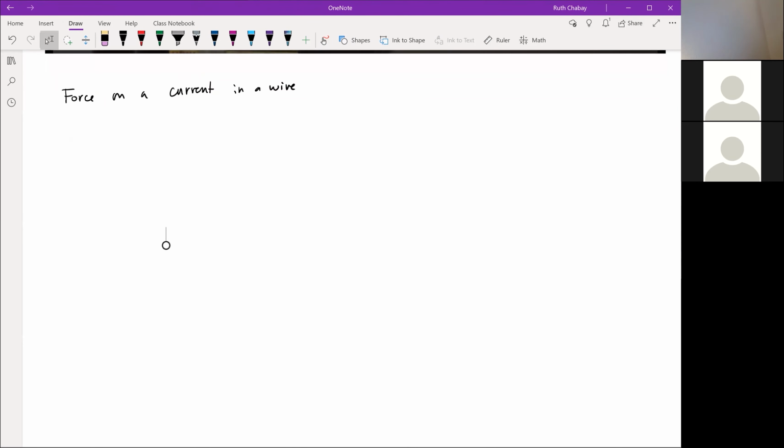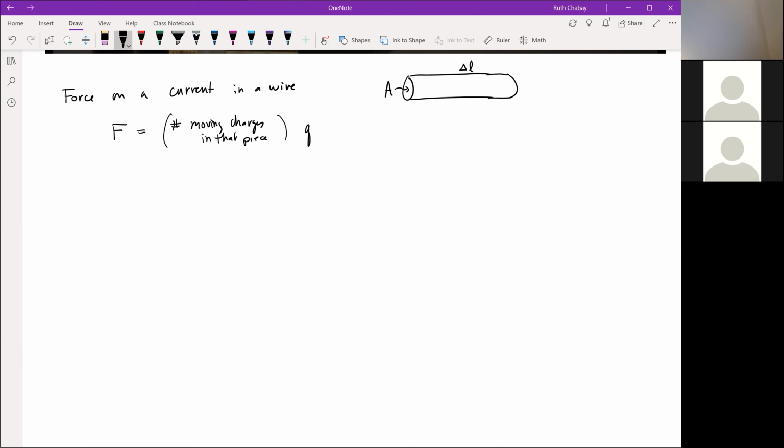So in some section of wire here, if we have a piece of wire of cross-sectional area A and length delta L, the force on the wire is just going to be the number of moving charges in that piece of wire times the force on one, which is going to be equal to QV cross B.